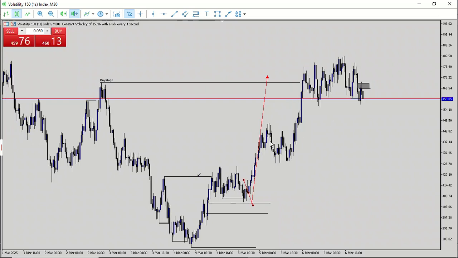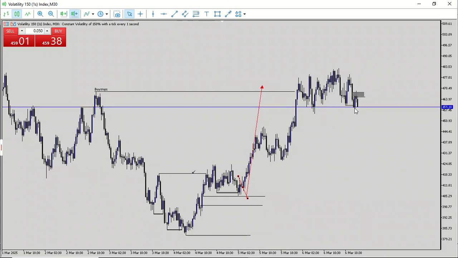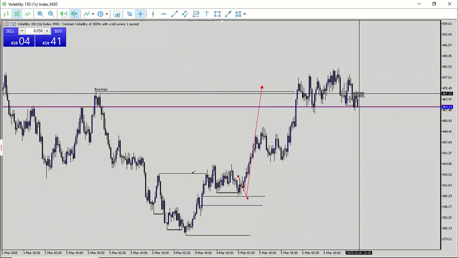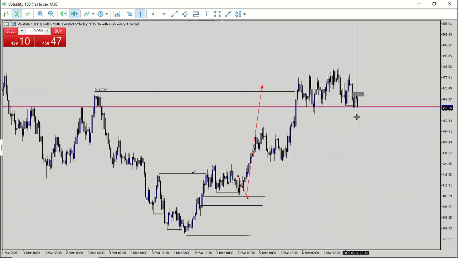So, I want to do a quick live analysis, and that is me taking shots from this level. From here, this inefficiency we have right here, and we're expecting it to go downwards.